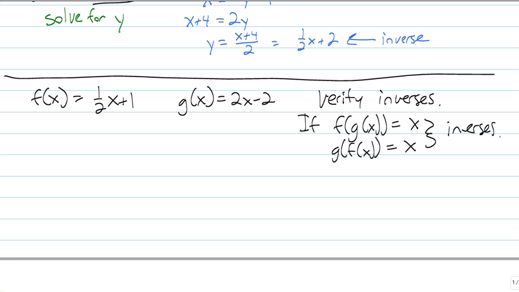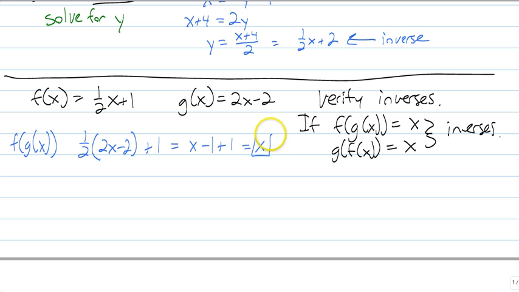So first off, let's do f of g of x. F of g of x means I'm taking g of x and sticking it into f of x. So I have 1/2 times the quantity 2x minus 2, plus 1. Distribute the 1/2, I get x minus 1 plus 1, which is x. So the first part is correct.